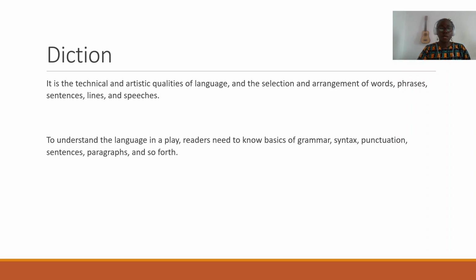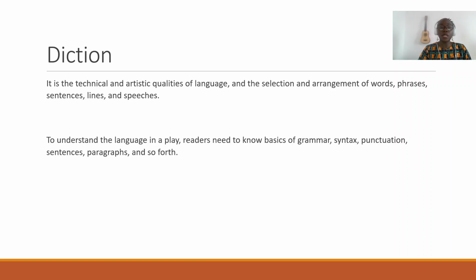And diction, I know you all know what diction is: the technical and artistic qualities of language. That is the selection and arrangement of words, phrases, sentences, lines, and speeches. The way they are selected and arranged to give a certain effect is diction. So it points us to the technical and artistic qualities of language.